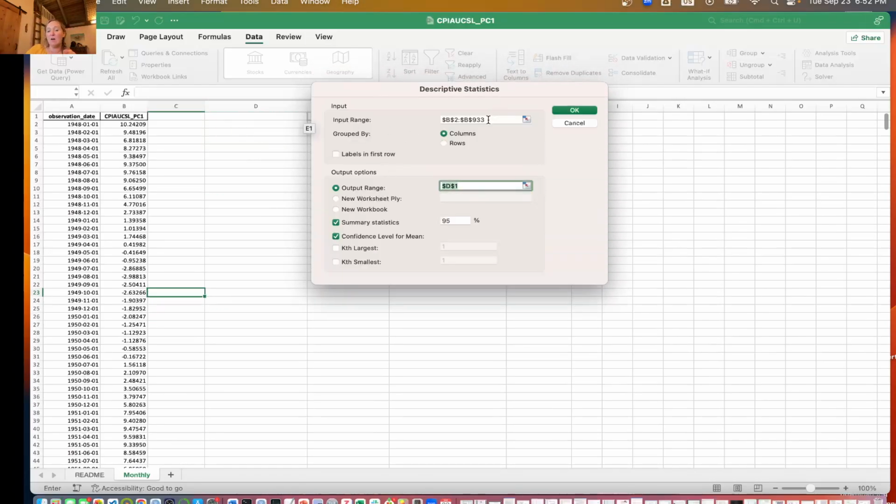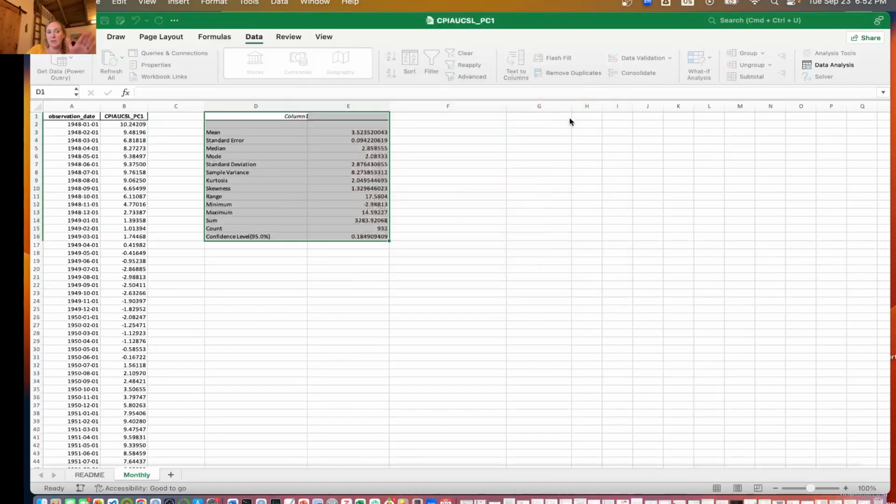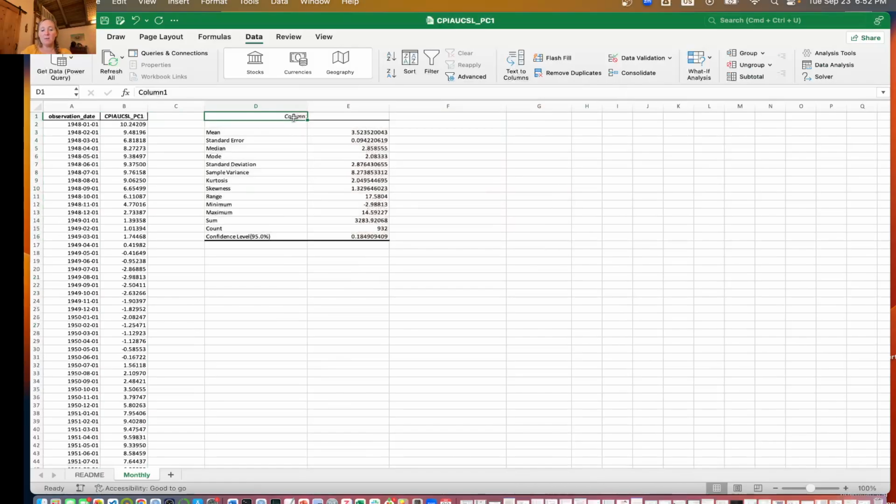So we now have the entire data set from B2 to B933. We're going to put the descriptive statistics in D1, and we're going to make sure that the summary statistics and the confidence interval are checked. Okay, hitting OK. We get this new column of descriptive statistics for historical percentage change in CPI.